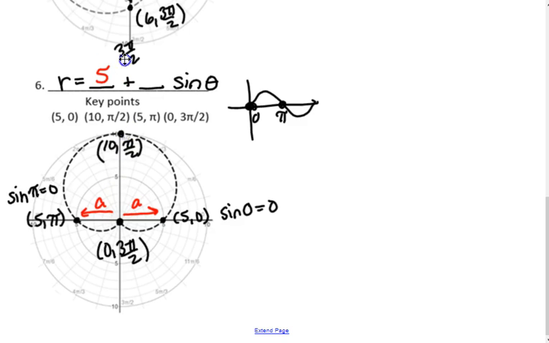So this has to be 5 plus 5, because at pi over 2, sine of pi over 2 equals 1, so it's 5 plus 5 times 1, which gives me 10. Where do I get the 0 here? When I'm at 3 pi over 2, sine of 3 pi over 2 is equal to negative 1, so I have 5 plus 5 times negative 1, which is 5 minus 5, which gives me 0.